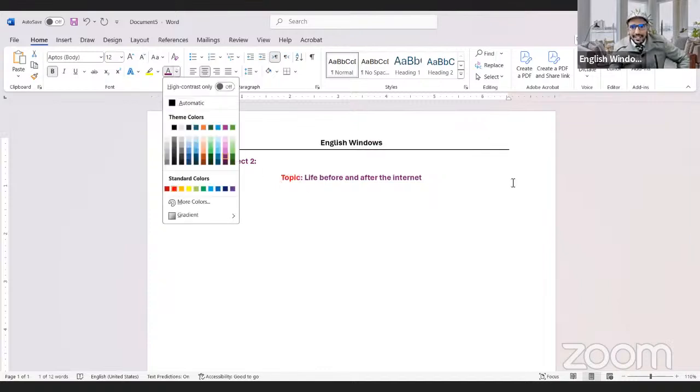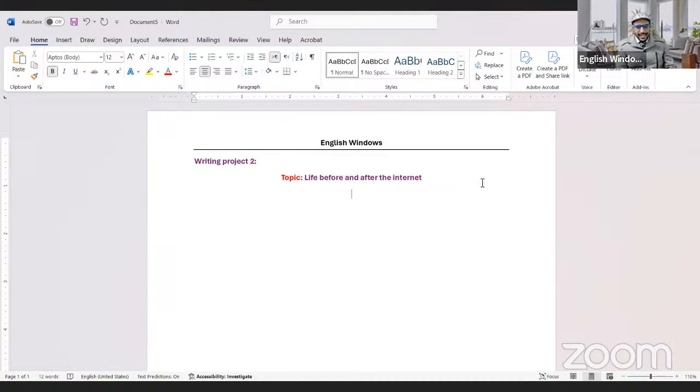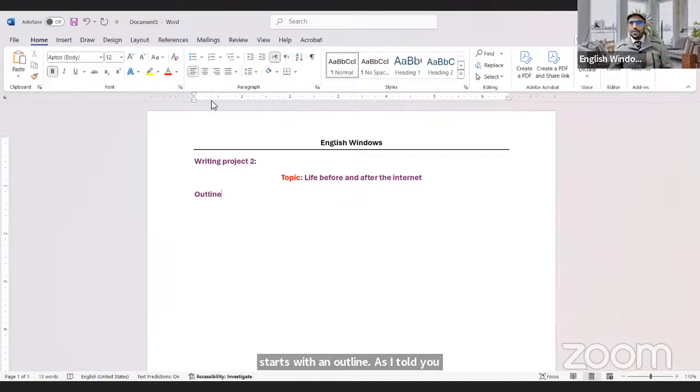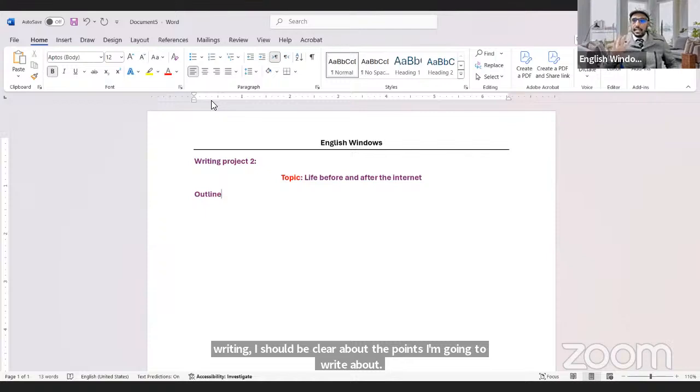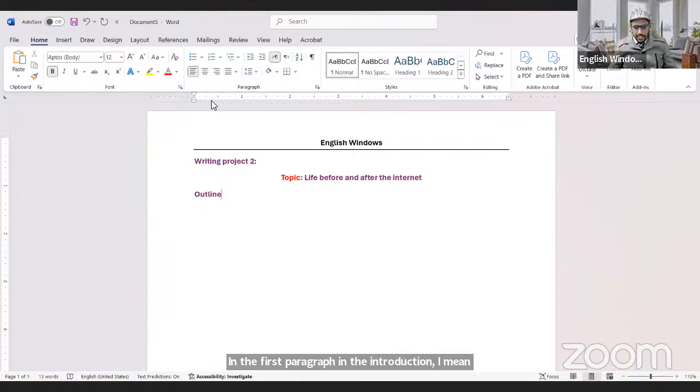So let's move right now to again start with an outline. As I told you before, that's a good methodology. Before I begin writing, I should be clear about the points I'm going to write about, in the introduction, in the body, and in the conclusion. So let's draw an outline.